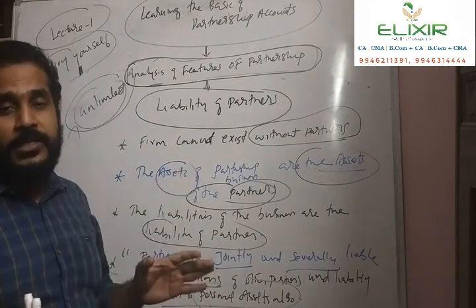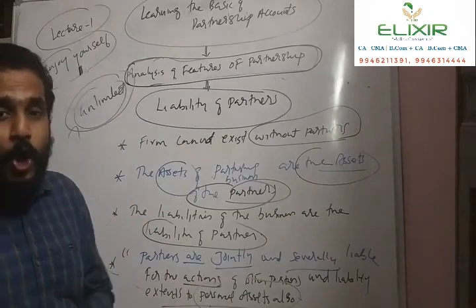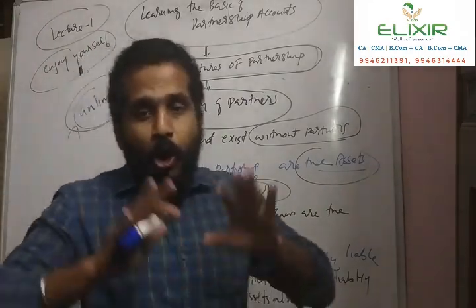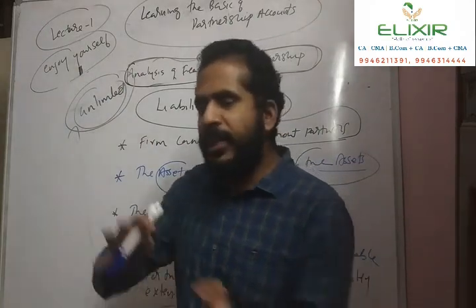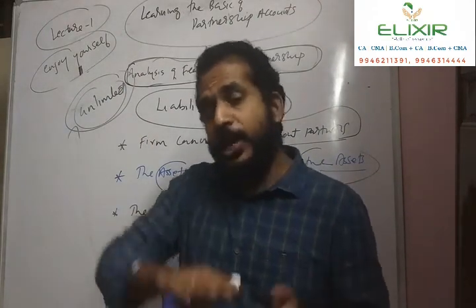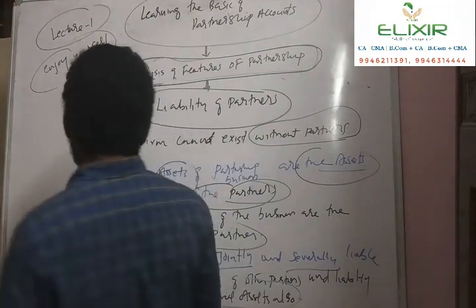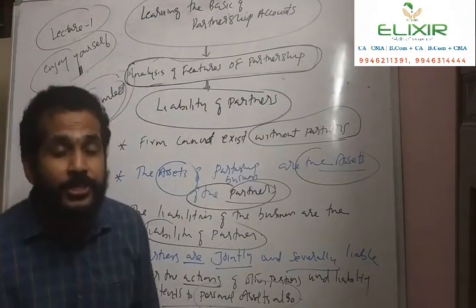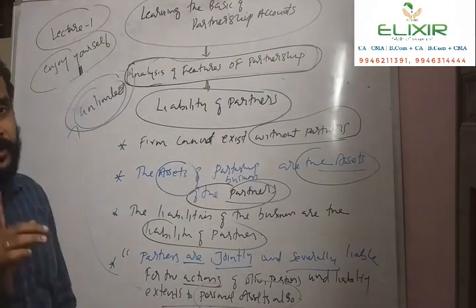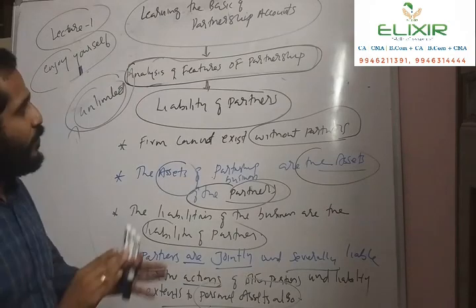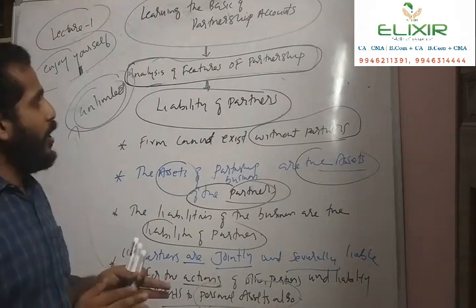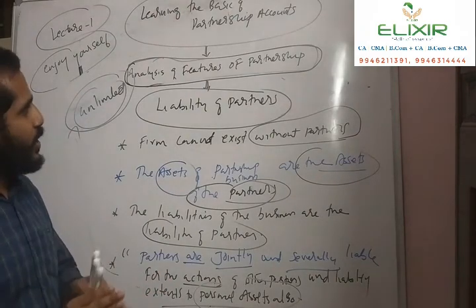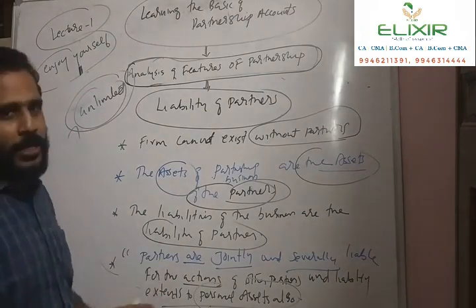The partnership business exists only when all these contents are in the agreement. There must be an agreement, and there should be an intention for the partners to conduct the business. So that is the end of the basic features and basic concept about the partnership.